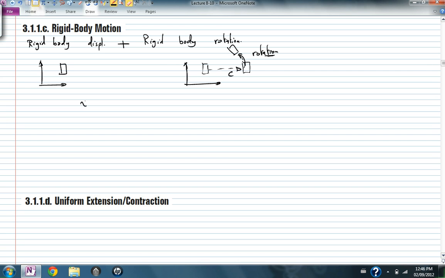So the new position vector x will be equal to a rotation multiplied by the old vector x plus a constant, and u is equal to the new position minus the old position. The new position is equal to Qx plus c, minus x, and so the displacement vector is equal to Q minus I multiplied by x, plus c.